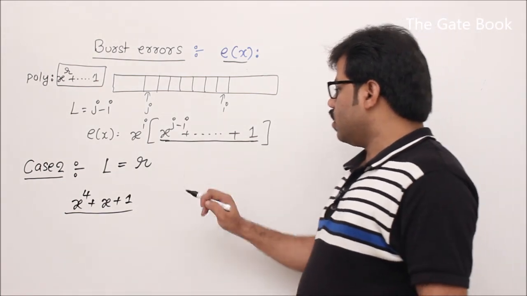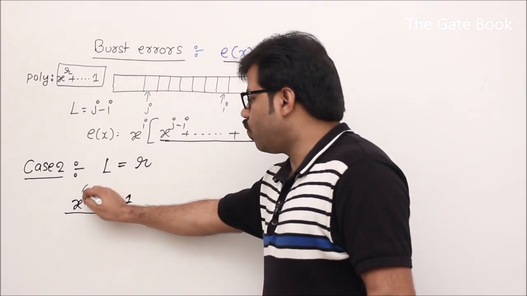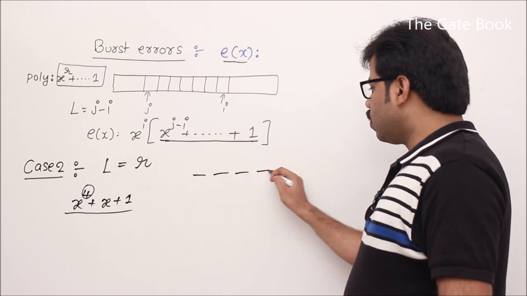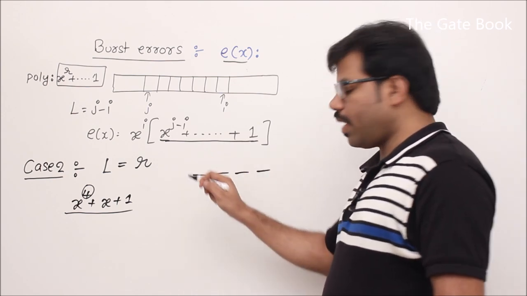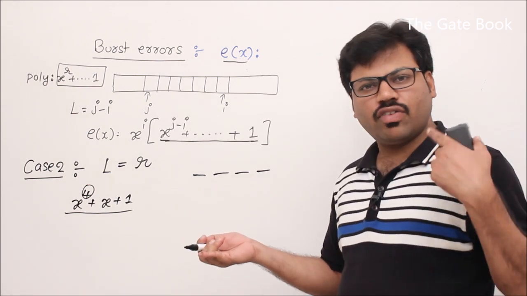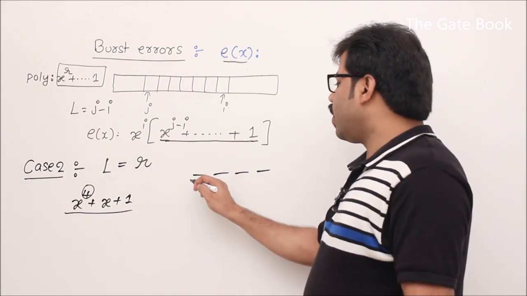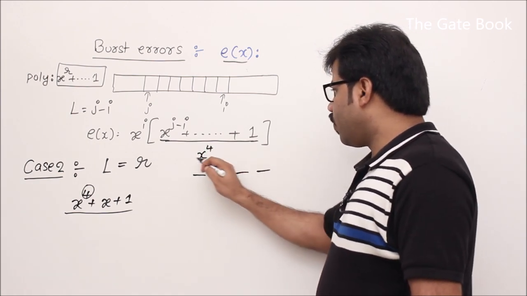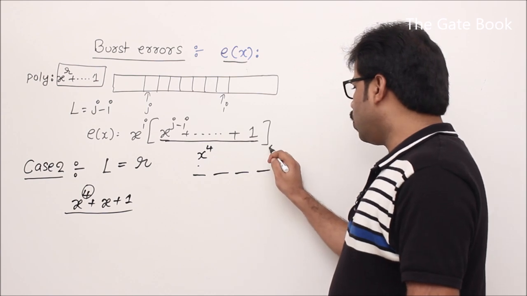Very simple. Let's take r value 4. I write the binary pattern so that it will be easy. The error can be written as a binary pattern because that was the starting point. Did you remember? So your error is, let's say, x power 4, and in the error definitely x power 4 should be there, 1 should be there, right?